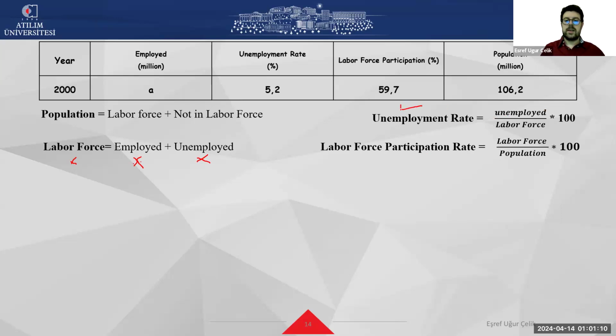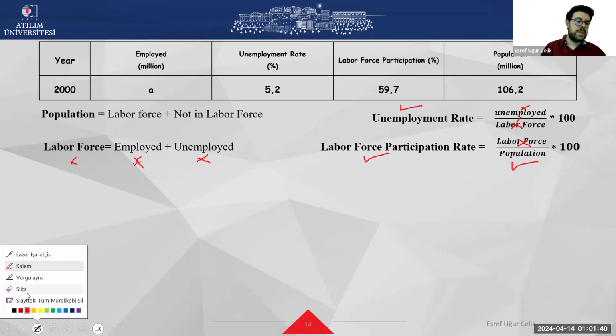Yes. Unemployed? No. Labor force? No. What about the last formula? Can we know the labor force participation rate? Yes. Can we know the labor force? No. Can we know the population? Yes. If you know two things, you are able to find the third. So we can start with the labor force participation rate.